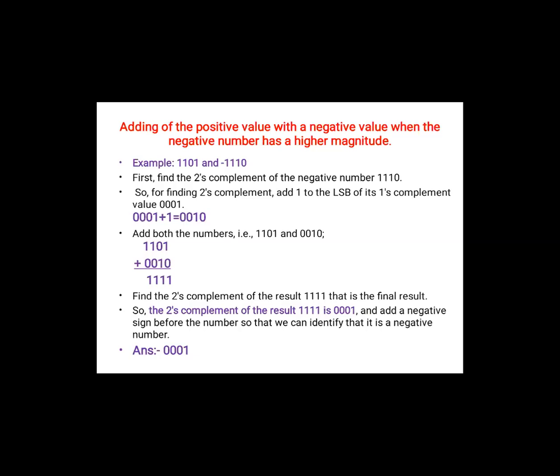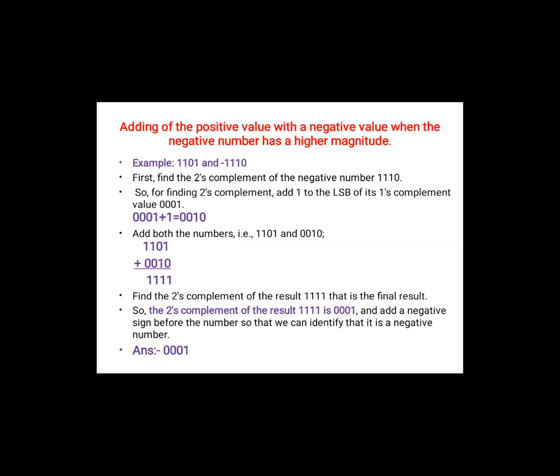Then you add this 2's complement with 1101. Here you are not getting an end around carry. Your answer is 1111. So no carry, so you find the 2's complement.